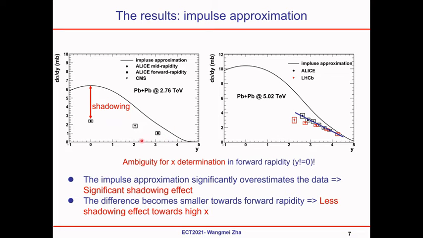From the left and the right plot, you can find that it has a significant shadowing effect. And if you go toward forward rapidity, which means high x, the shadowing effect becomes less.